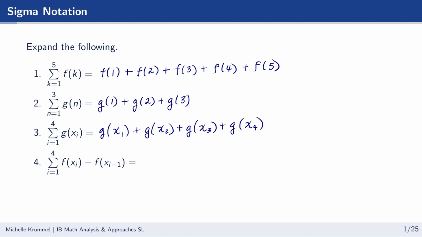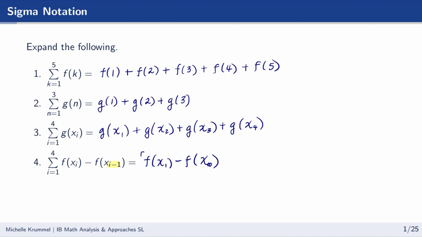And for the last one, we want the sum of f of x sub i minus f of x sub i minus 1 from i equals 1 to 4. So first we let i equal 1, we get f of x sub 1 minus f of x sub, now this, and it's a little bit hard to see here, but the i minus 1 is all in the subscript there. So when we let i equal 1, we get x sub 0.